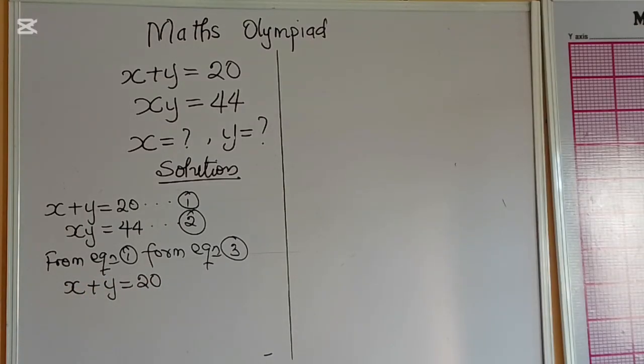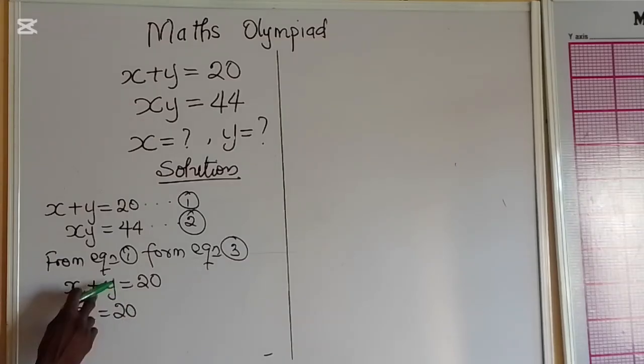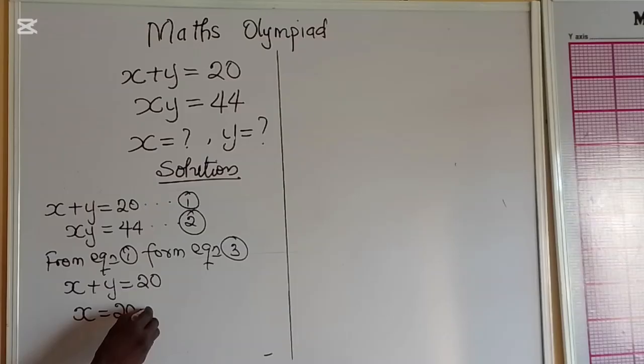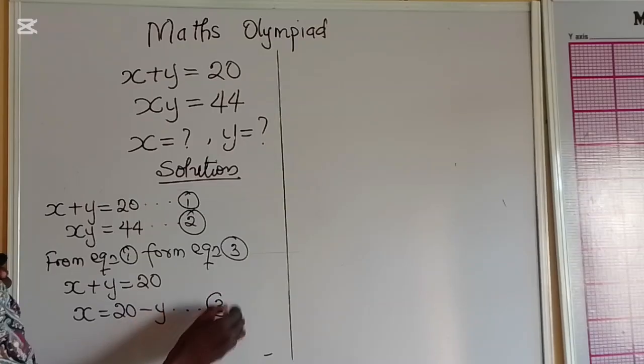You can either make x the subject of the formula, or you can make y the subject. So let me make x the subject of the formula, which means here will be 20. When plus y crosses the equal sign, it changes to minus y. I will call this equation 3.